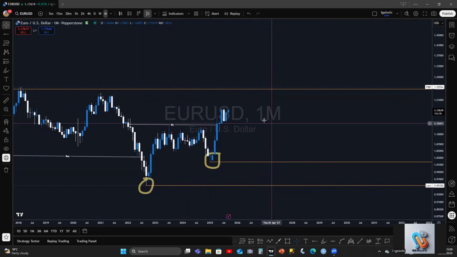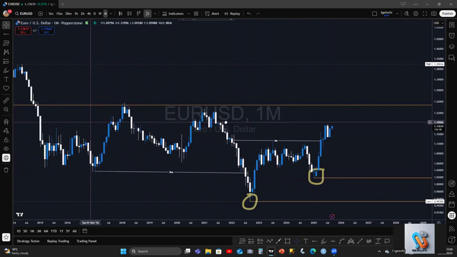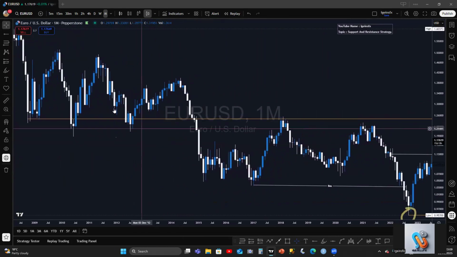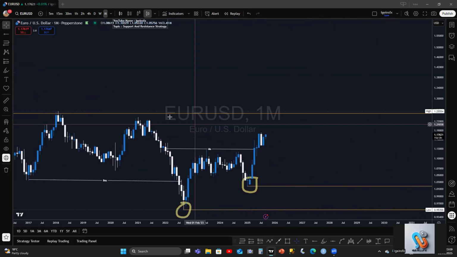So at this point, we have already marked this level, all right, because it's a strong resistance level. A strong resistance level because this point here was a support level that has now turned into a resistance level.